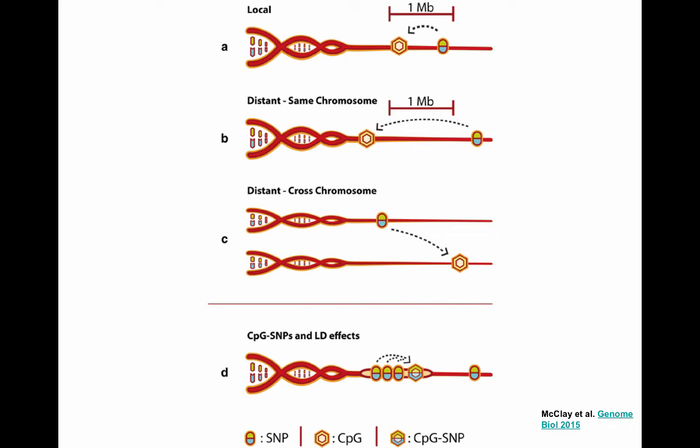In D, you have a situation where the SNP actually overlaps with the epigenetic site, and those are called CpG SNPs. You should probably remove those from your data set to avoid spurious associations. Other SNPs in linkage disequilibrium with the CpG SNP would also be associated with that effect on methylation, so that would also fall under panel D. In general, your best bet would be a local SNP that is not on the methylation probe itself.